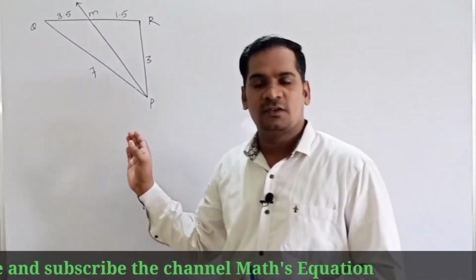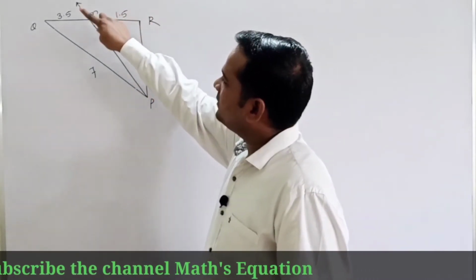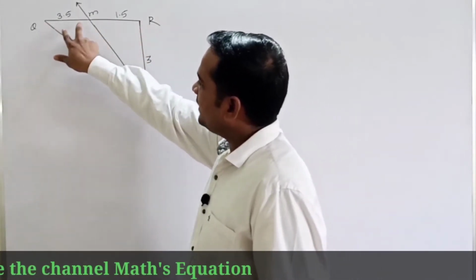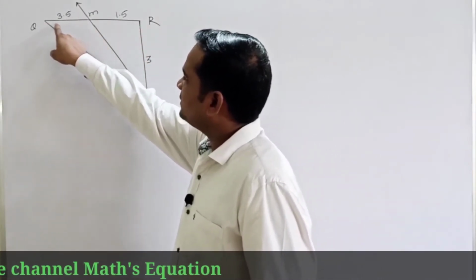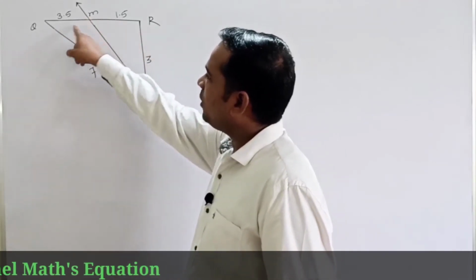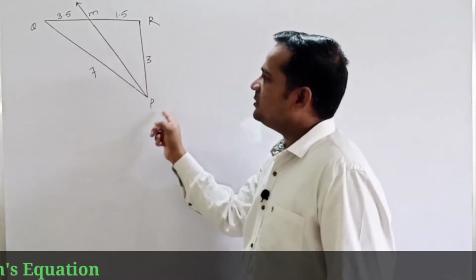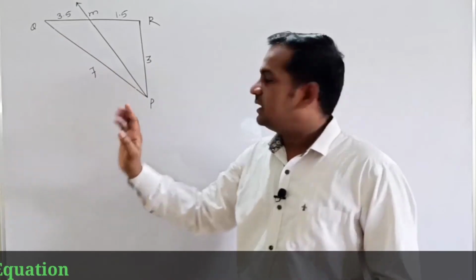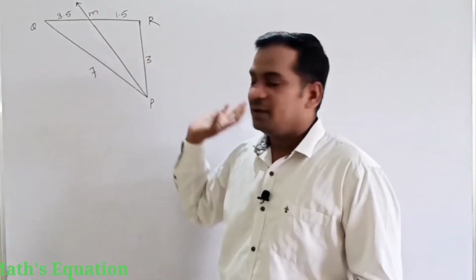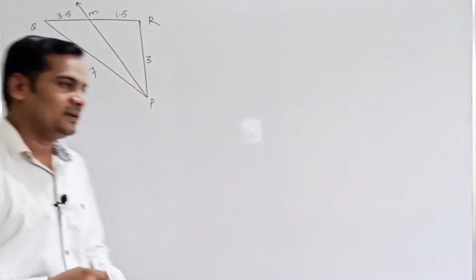If this ray PM divides this side QR in the ratio, suppose the first segment QM and MR, and if the ratio of these two segments is equal to the ratio of the remaining two sides, then that ray PM will be the bisector of angle QPR.